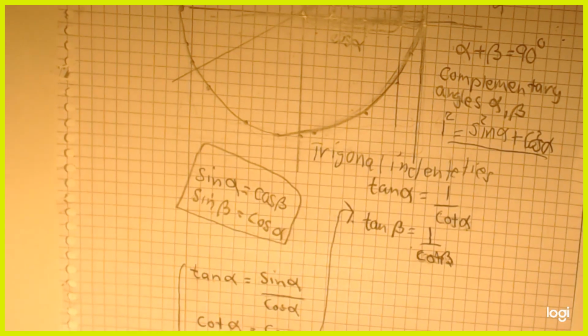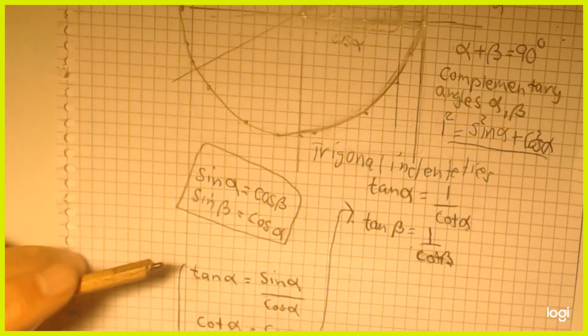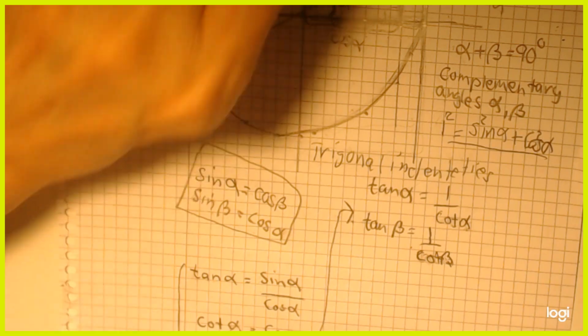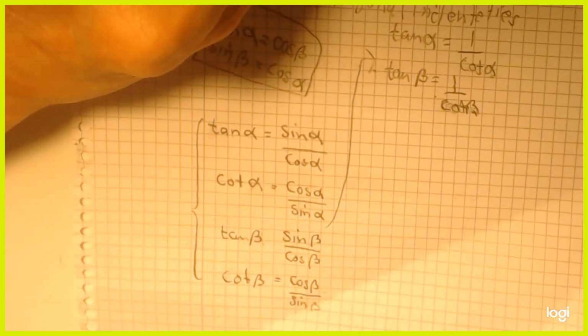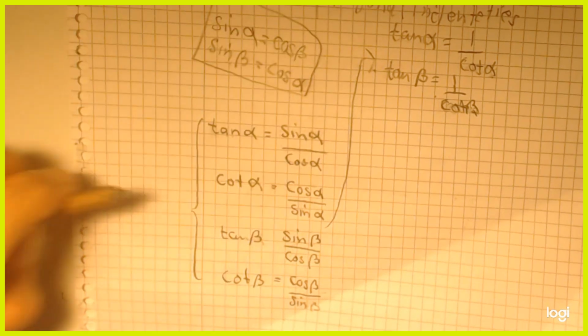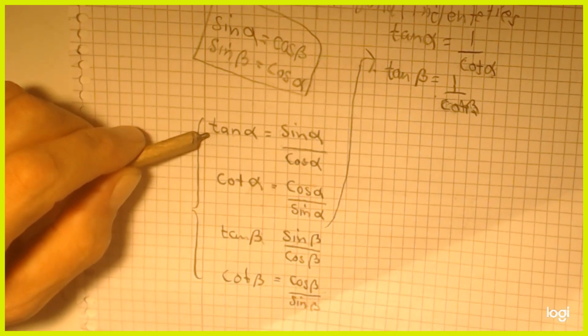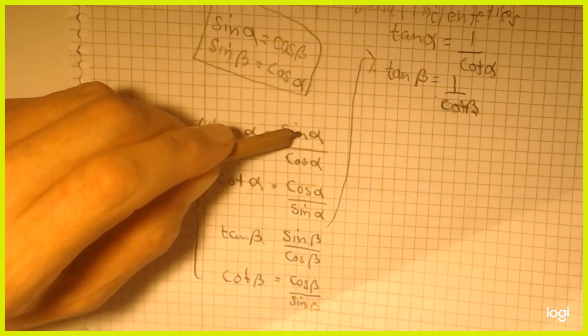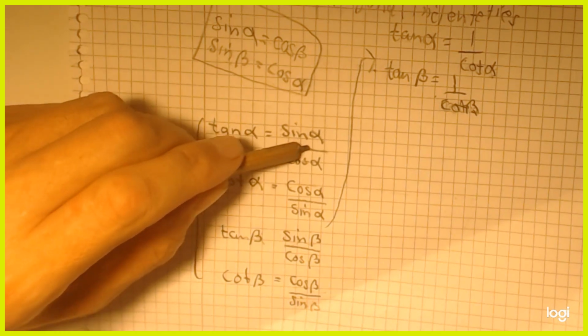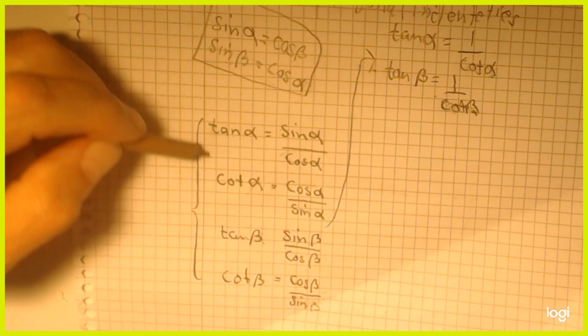Those are: tangents alpha is the same as sinus alpha divided by cosinus alpha.